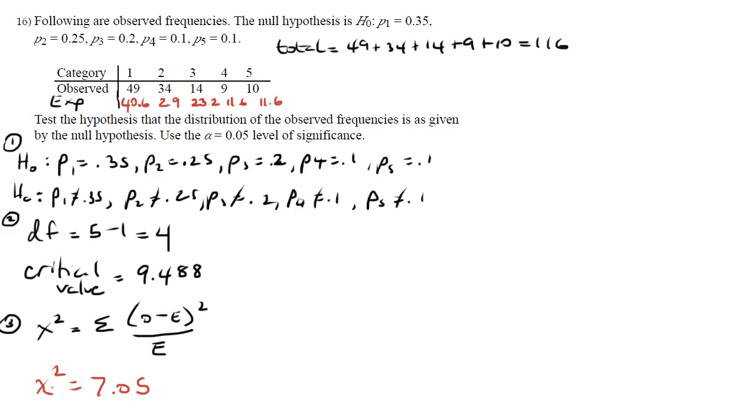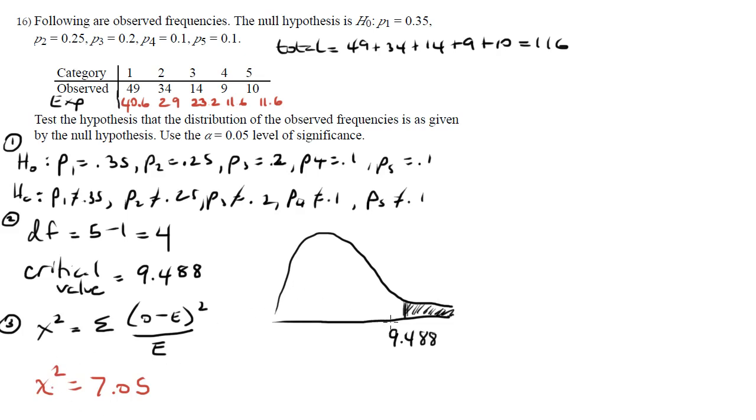So if I'm thinking about this, my critical value is 9.488. And remember that chi-squared is positively skewed. So the area to the right gives me this 0.05, at 9.488. That's my critical value. I calculated my chi-squared test statistic.